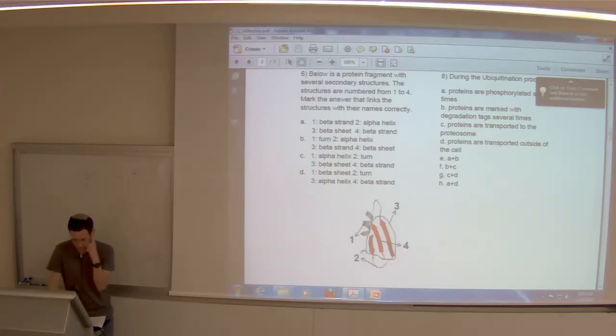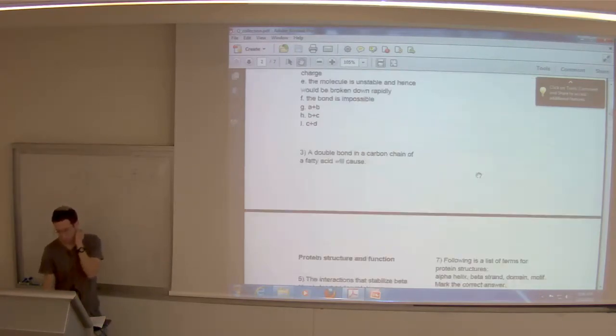One is the alpha helix, this one right here. Then 2 is the U-turn. 3 is the beta sheet, the whole thing marked with this circle: the strands together. And each of these strands, one strand, is a beta strand. This is 4.